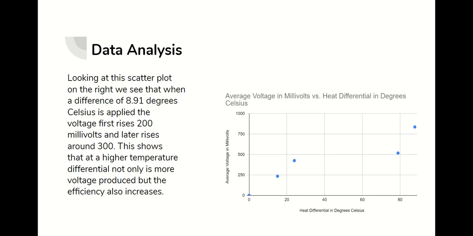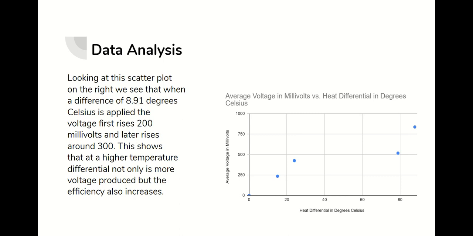So as we look at the scatter plot, something very important to note here is between the second and third points and the fourth and fifth points. Between the second and third points, there was about a 200 millivolt rise at 8.91 degrees Celsius, and at the same temperature differential of 8.91 degrees Celsius, it later rises around 300.